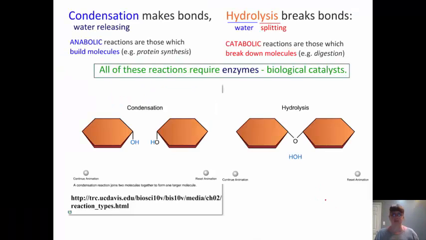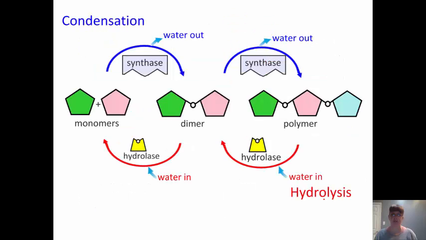All right, so that was a nice little review. Here's another way to write it. We can go from our monomer, or monosaccharides in this case, and through our condensation reaction, make a dimer or a disaccharide. If we do another condensation reaction, we could make a polymer or a polysaccharide.